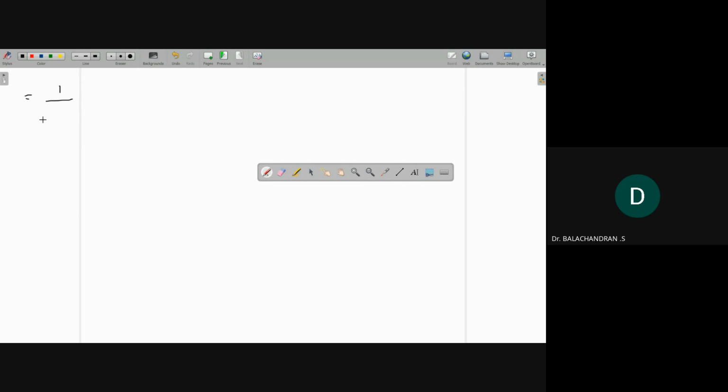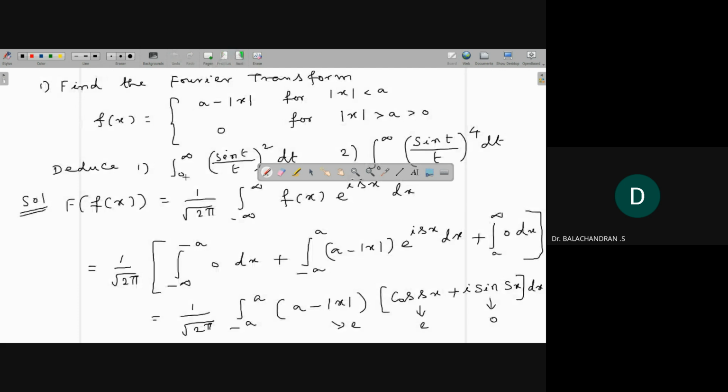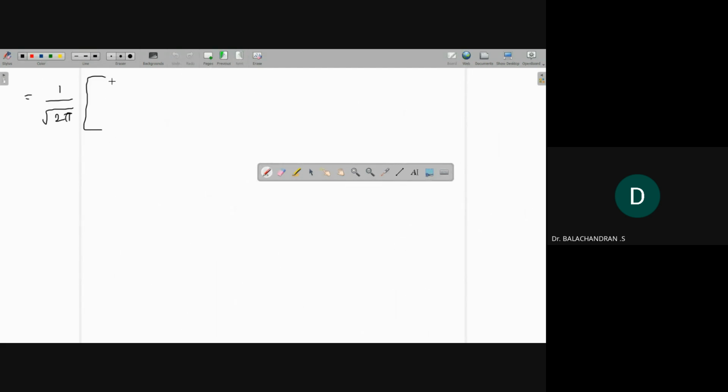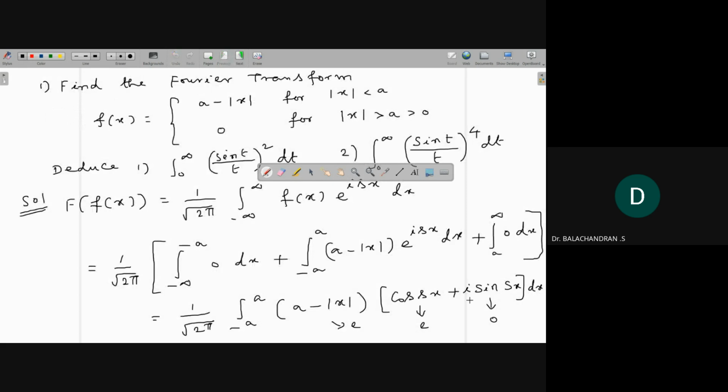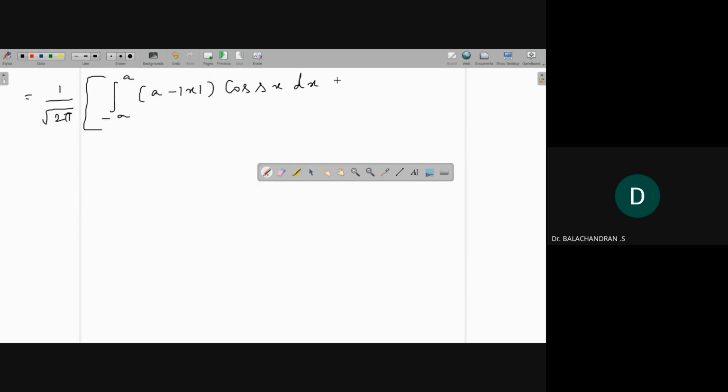So the next step I am going to split into two integrals, which is equal to 1 by root 2 pi into integral minus a to plus a of (a minus mod x) into cos sx dx, plus i into integral minus a to plus a of (a minus mod x) into sin sx dx.